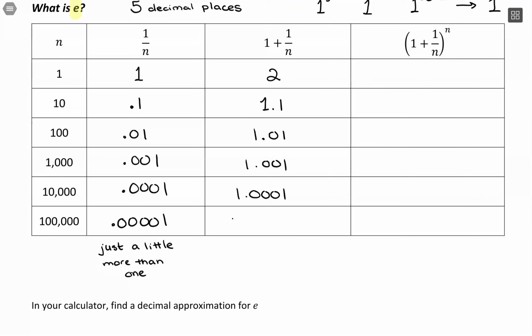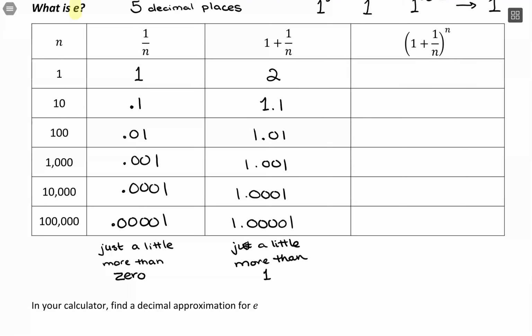We can see how this turns into something that's just a little more than 1. Sorry, I'm writing too quickly right now, apparently. There we go, another 0 in there. This is just ever so slightly more than 1.